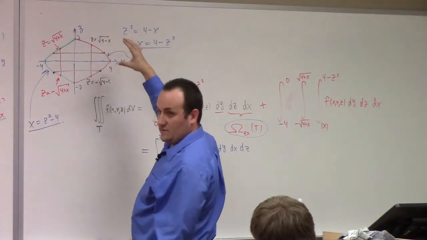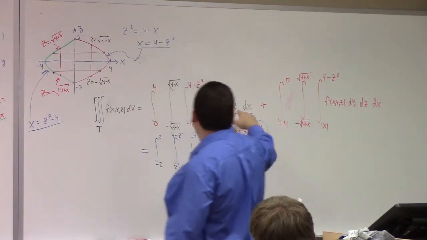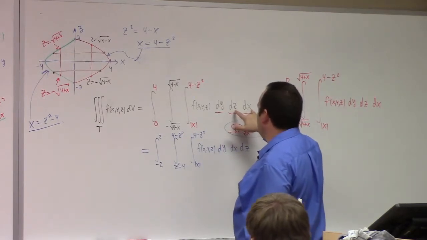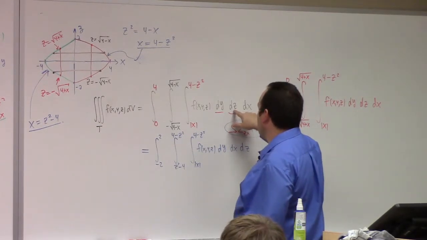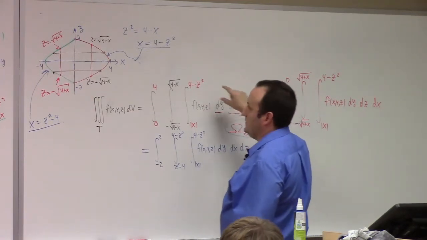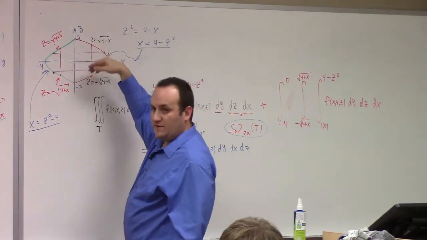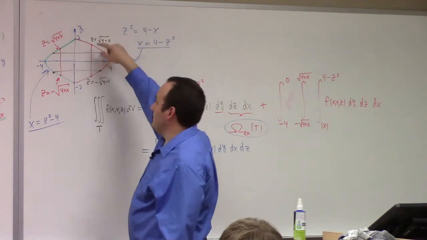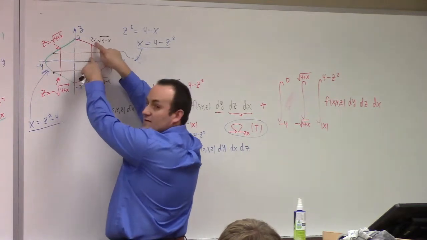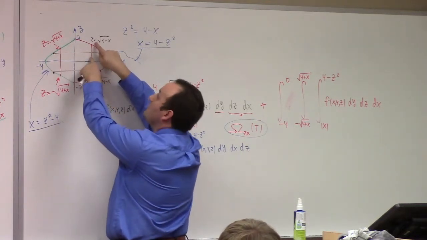Right. So the difference: in the first one, we're trying to bound z between two things. When you look at this picture, that means we're trying to find a top and a bottom for a typical point. So I look at this point, the most z can be is the square root of 4 minus x.